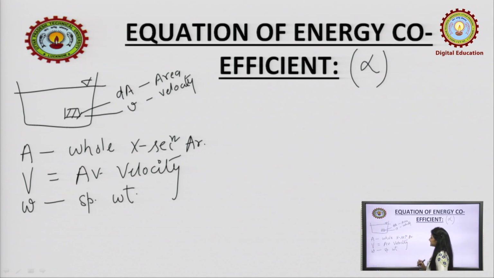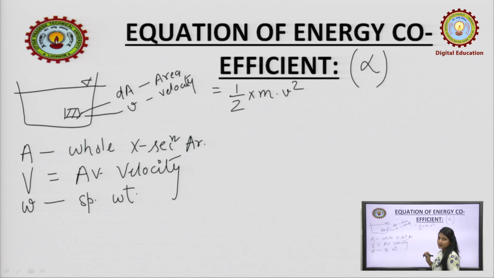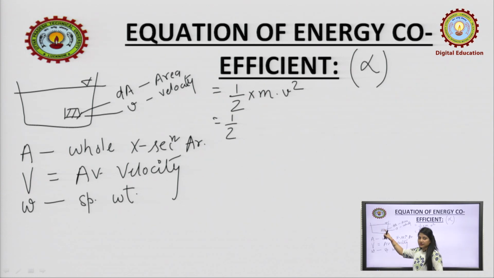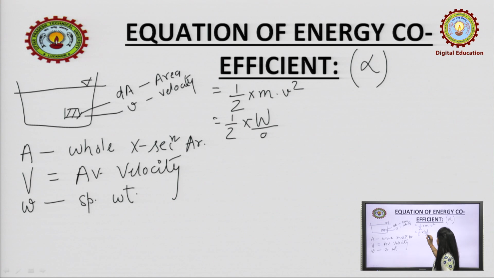Now, the kinetic energy passing through this particular area dA will be half into mass into the square of velocity. Now, how about the mass? The mass entering this elemental portion will be nothing but weight by g.